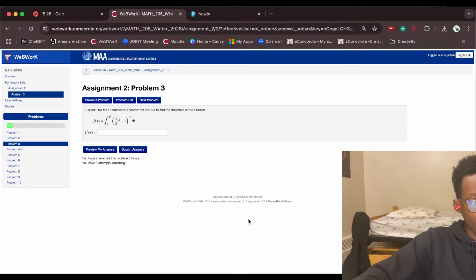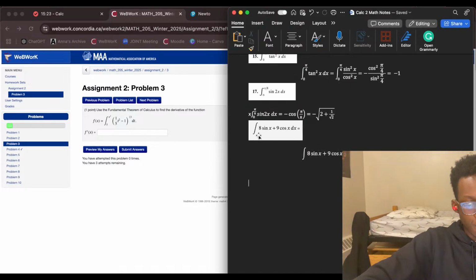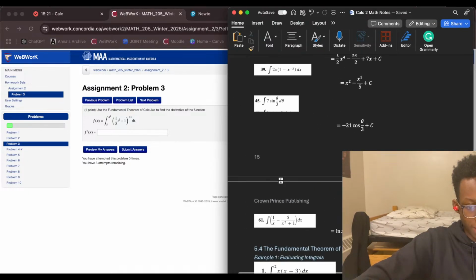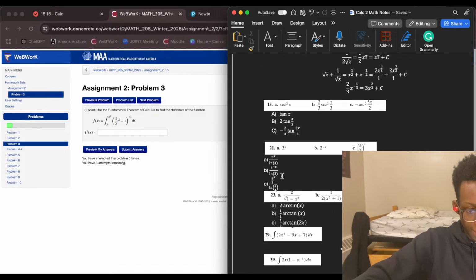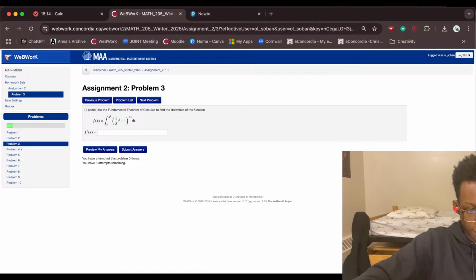And this one, oh yeah, this one's annoying. Because I remember that I've done this before. I haven't done it specifically, but I looked at it when I was studying for this one.